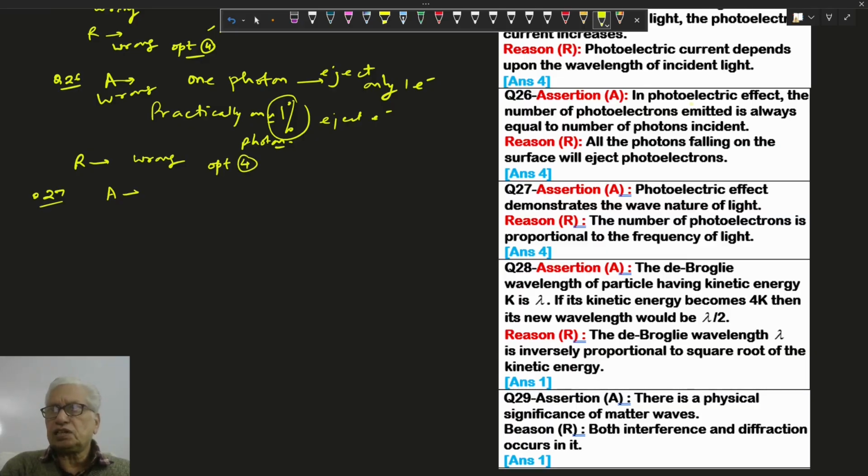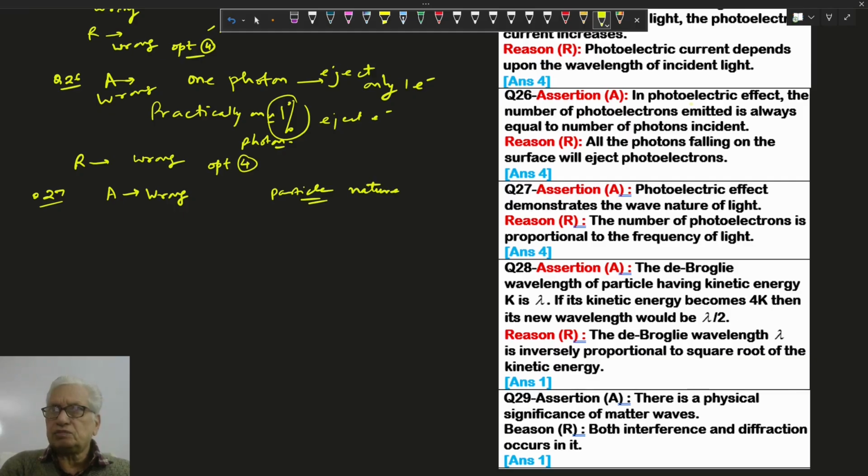Now 27. Assertion: photoelectric effect demands the wave nature. No, wave nature is different. The photoelectric effect is not demonstrating the wave nature, it is demonstrating the particle nature. So the assertion is wrong. Photoelectric effect is the particle nature, not the wave nature.